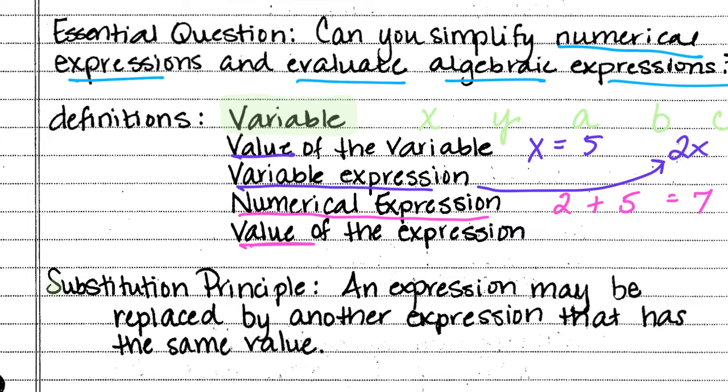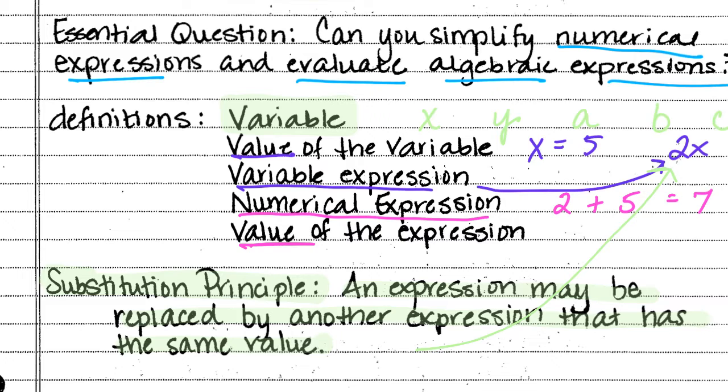The substitution principle is just really, if you think about it, when you replace something for something else. If you have a substitute teacher, there's a teacher in for your teacher that day. An expression may be replaced by another expression that has the same value. So let's go back to where I talked about this.